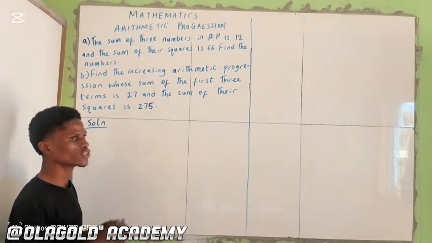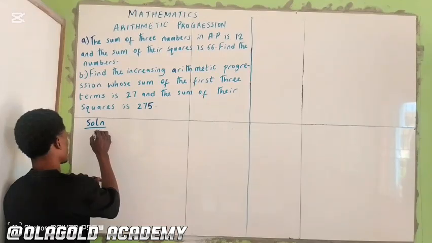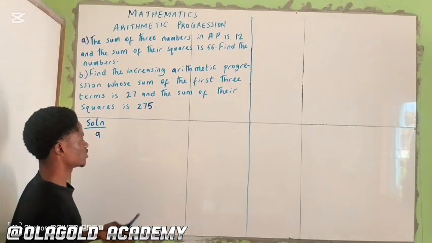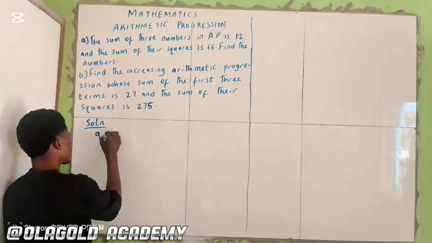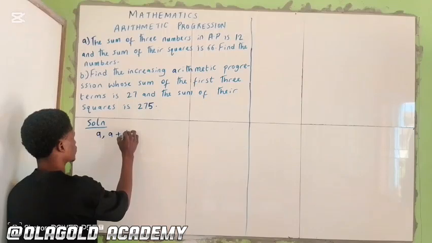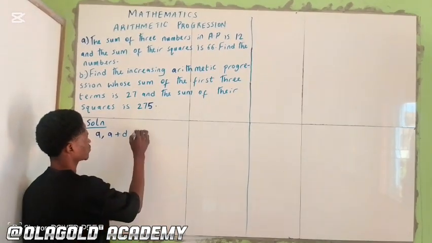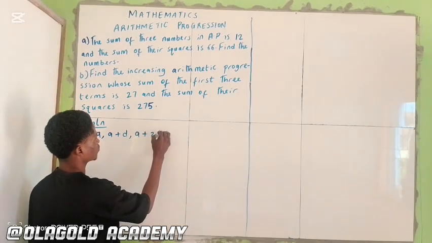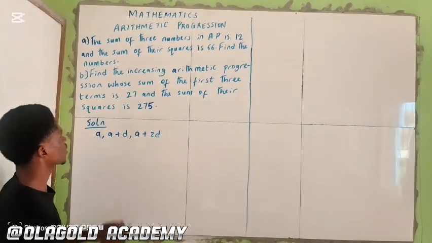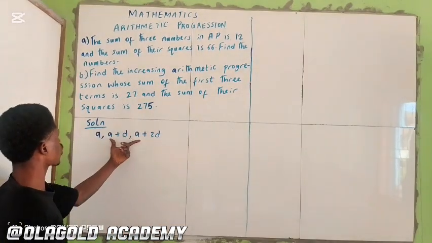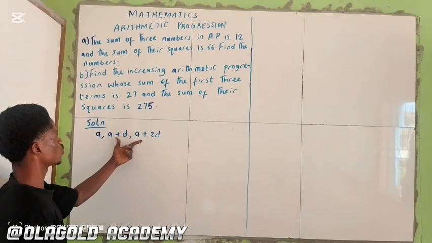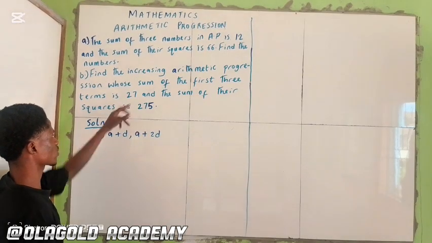So let's say the first term is A, the second term is A plus D, and the third term is A plus 2D. Alright. Now the question says their sum will give us 27.